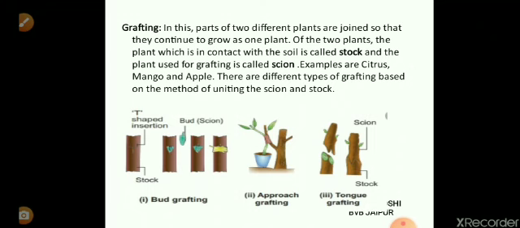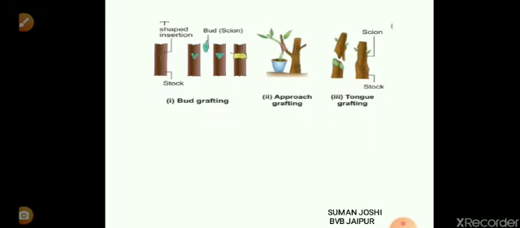In bud grafting, a small bud is used as a scion. A T-shaped insertion is made in the stock and the bud is inserted inside that T-shaped insertion. Now here is another type, that is tongue grafting.